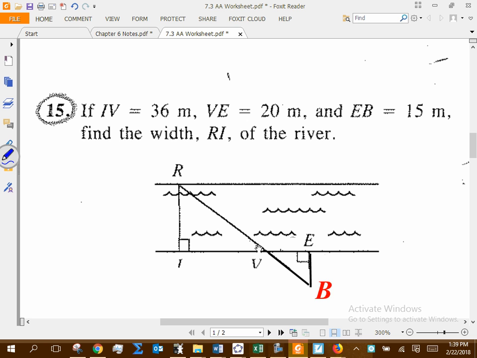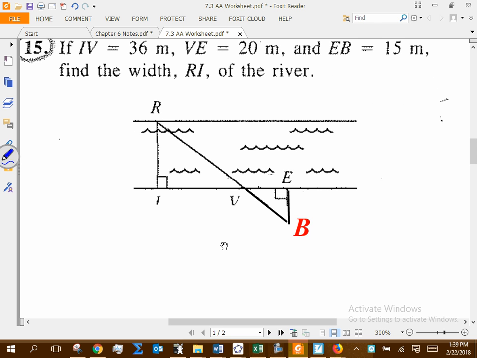But I think it's important to understand that this does work. But I want you to understand how you would maybe in the real world do this. And it doesn't have to be obviously the river. It could be anything that you want to measure the width of that maybe you don't want to cross, or maybe you can cross, but you just decide not to. We do this for maybe the width of a road, a sidewalk, a backyard, whatever I want.